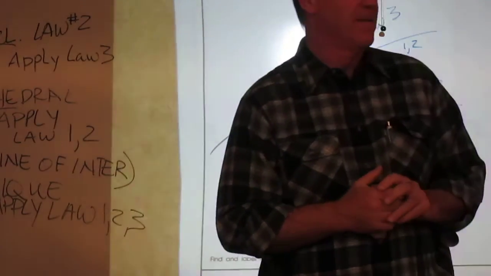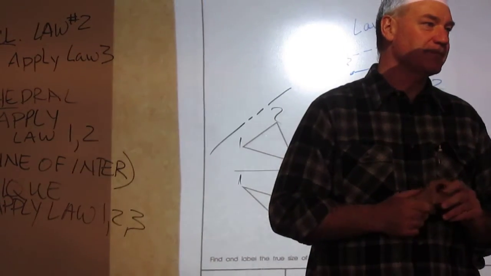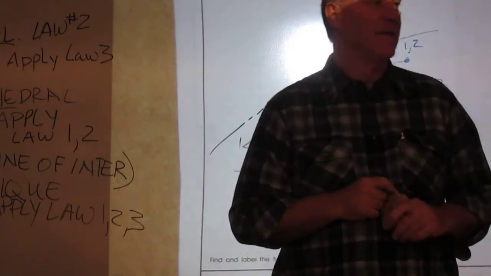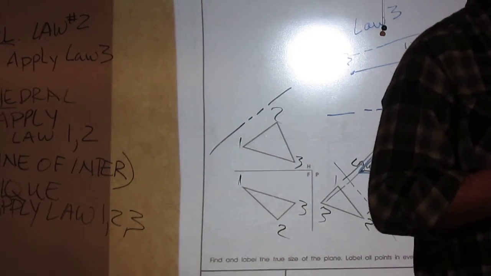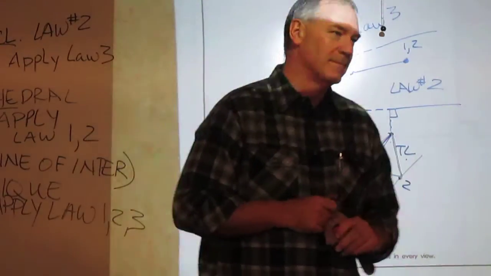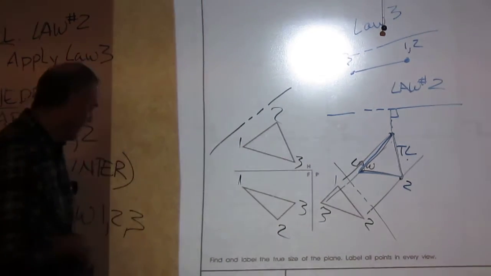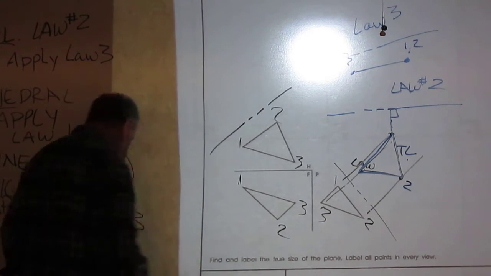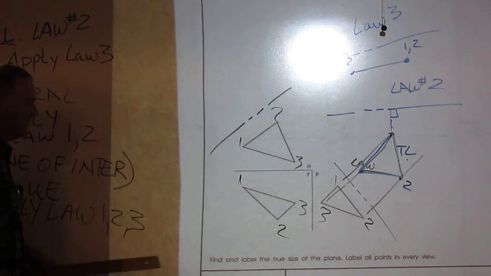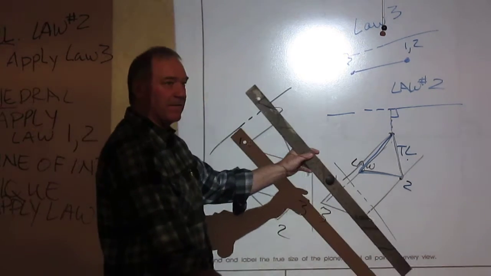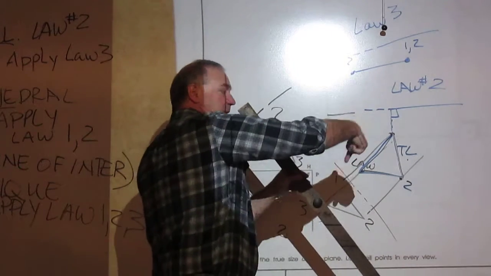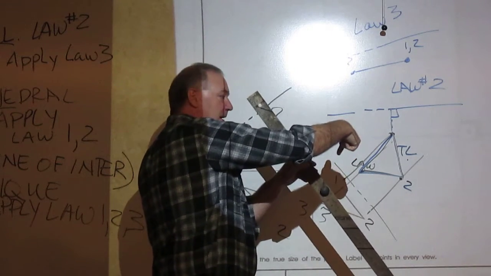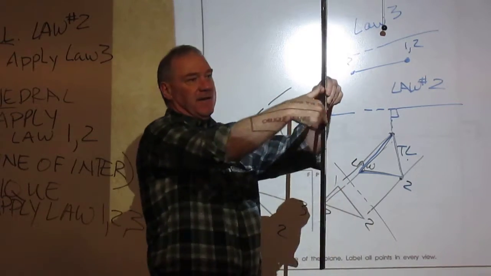Yes? So in the first part, we got the true length 1, 2. Yep. And then we did law 2, which gives us the point view of line 1, 2. Okay. So we had this line somewhere like this. We don't know how it was. But I drew that viewing plane right there, so I'm looking right here, right? And so therefore, as I rotate to that, I get that true length.